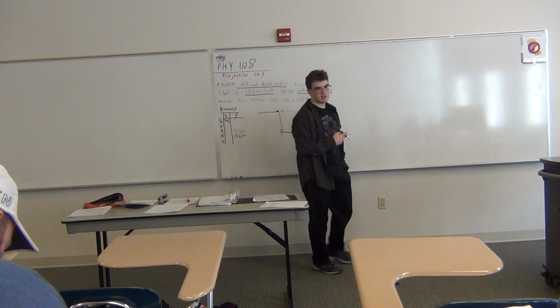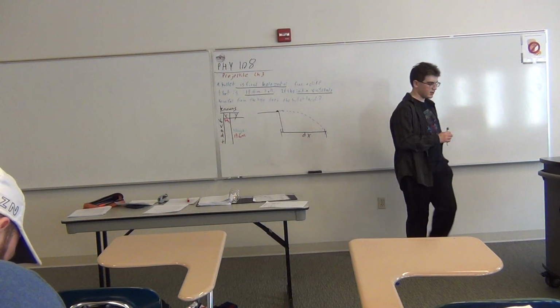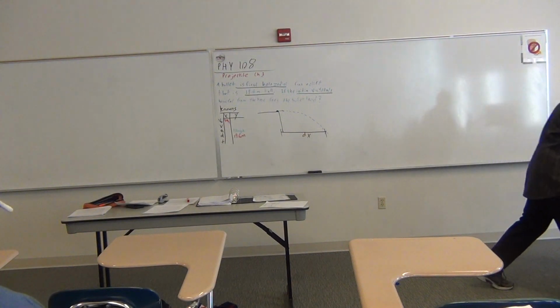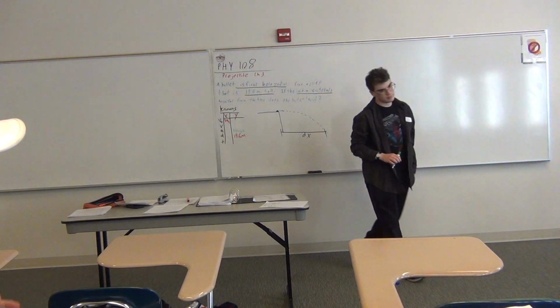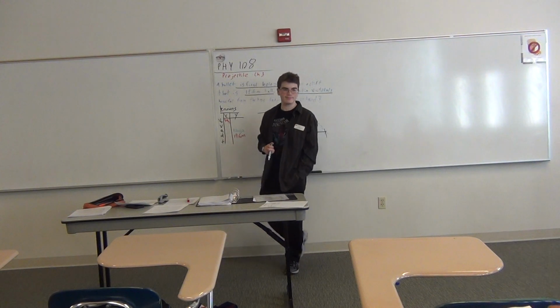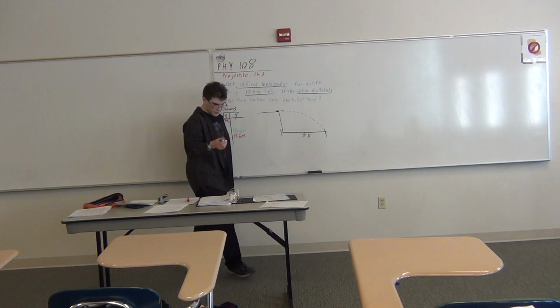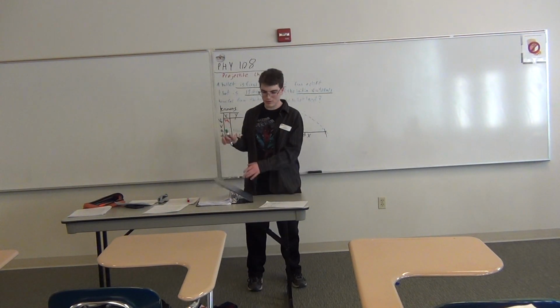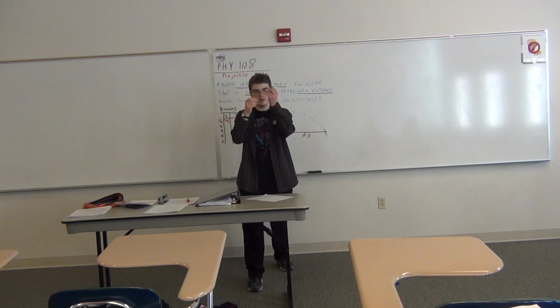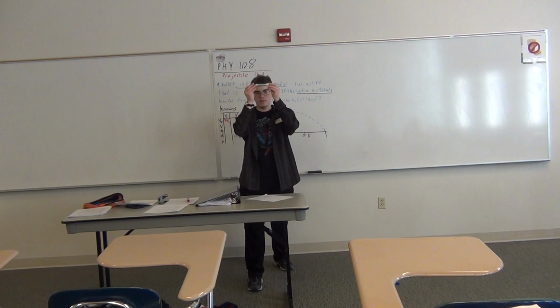Okay? What does that mean the acceleration in x is? No. So, it is 0. Because if I let this guy fall, what's the initial velocity in x right now? 0.